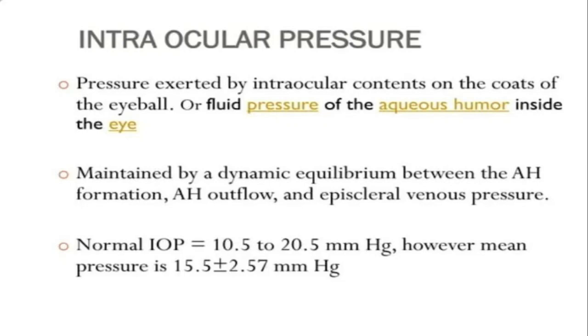Intraocular pressure, or IOP, is the fluid pressure inside the eye. It is measured in millimeters of mercury, mmHg. The normal range of IOP is between 10 to 21 mmHg, although it may vary depending on individual factors. The pressure is maintained by the balance between the production and drainage of aqueous humor, a fluid that nourishes the eye.